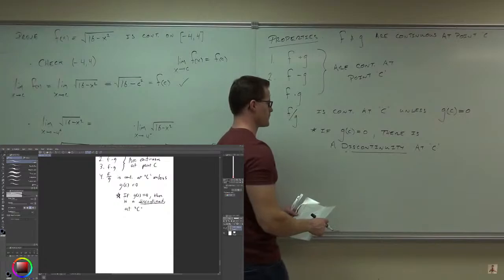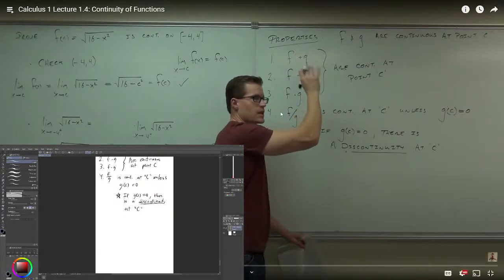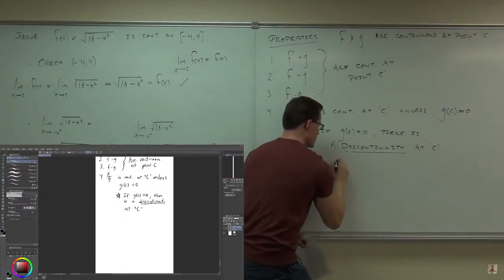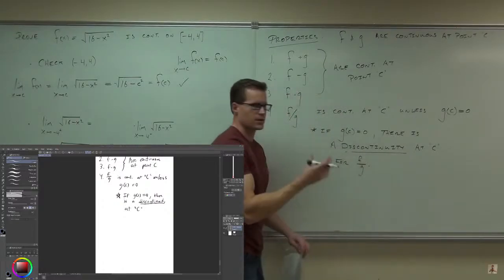Of course, we're speaking just of this, okay? f would be continuous and g would be continuous, but for f over g there would be a discontinuity at c, for that division of those two functions.